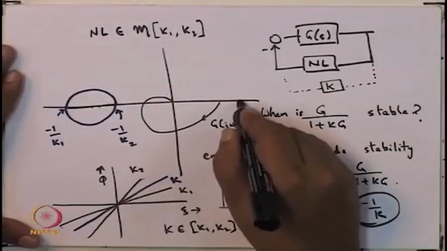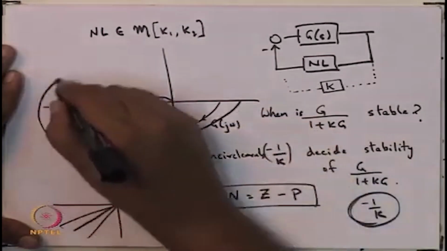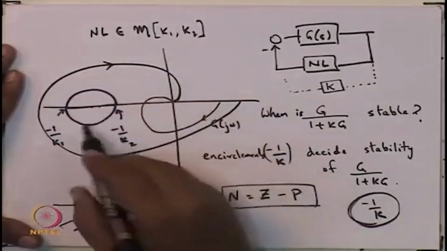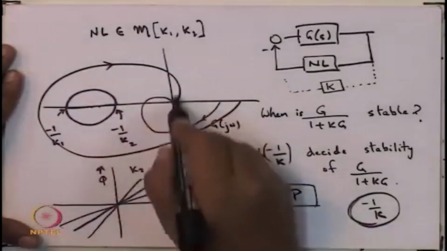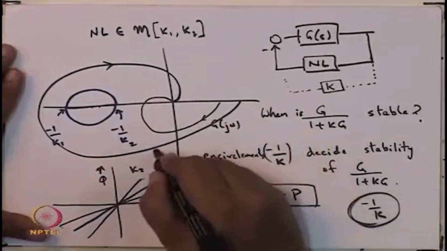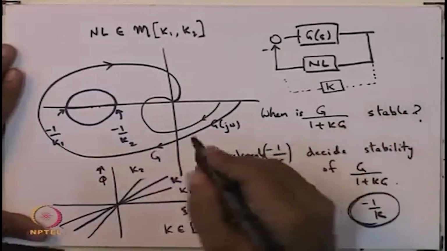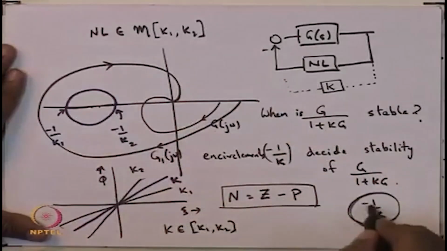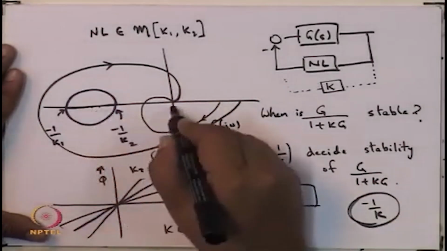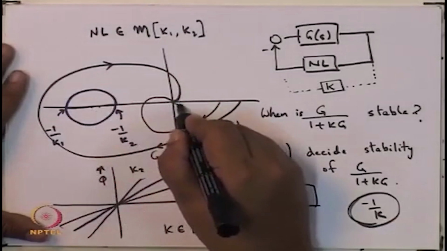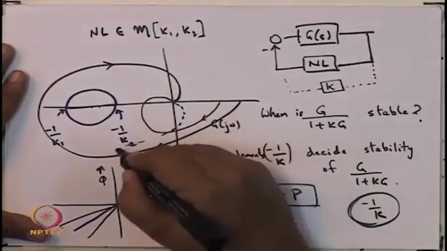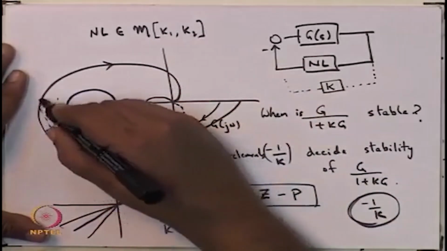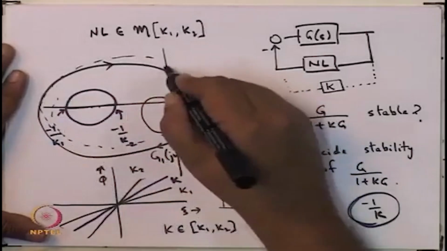So you could very well have a g of j omega which looks like that. Okay. And then for each one of these points, let me call this G1 of j omega, and this is such that for each of these points minus 1 by k, it encloses it an appropriate number of times. So if I also draw its reflection, it should go something like that.